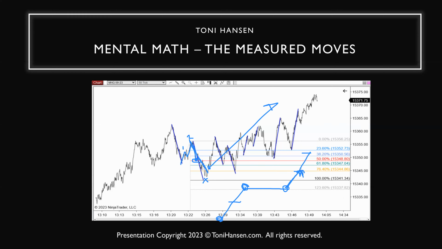Well, what that means is that it's going to struggle to make it to the 100%, which is a typical target level. In fact, the only way that it has a high probability of still trying to make it to that 100% is if this is your correction in here on the way up. Let's say it lasts 30 minutes.